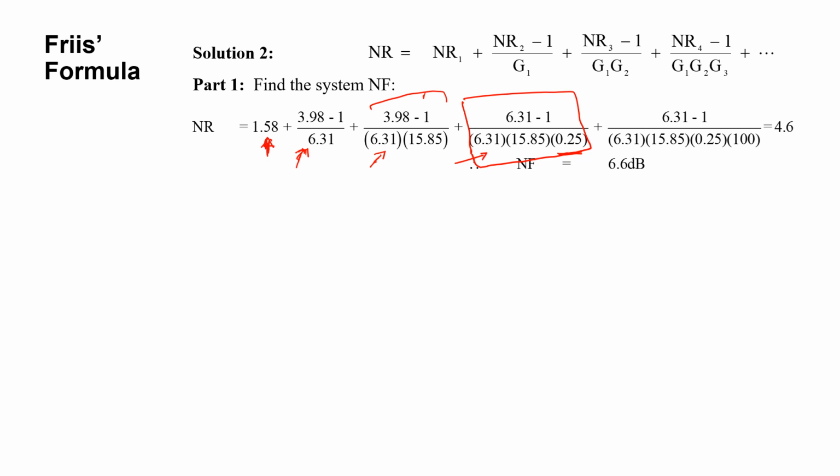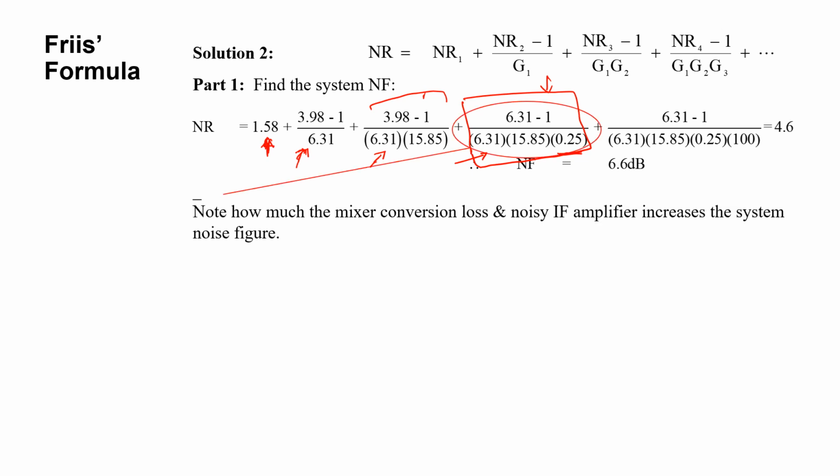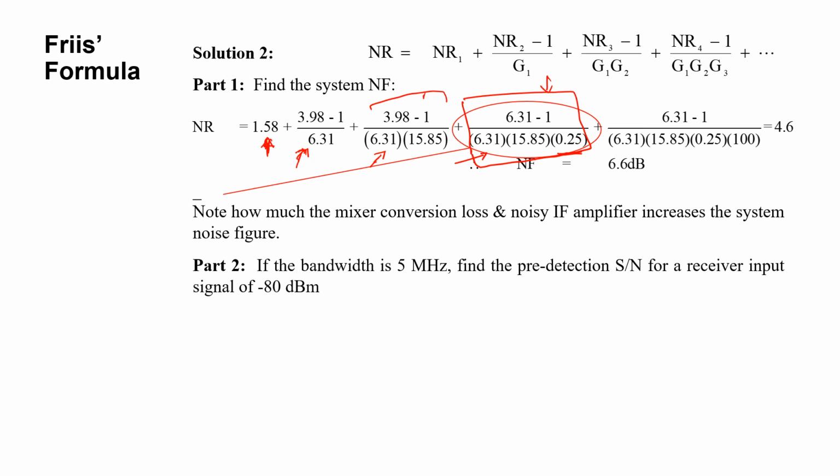So eventually this whole term will not go down as much as we were expecting a general amplifier to bring it down, and that's actually because of this 0.25 here. Note how much the mixer conversion loss and noisy IF amplifier increase the system noise figure. So the overall noise figure after the calculations will be 4.6 in linear and 6.6 dB in dB scale.